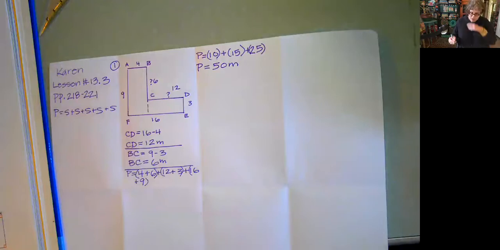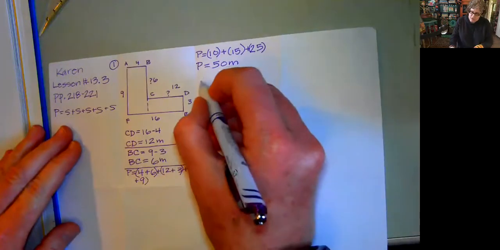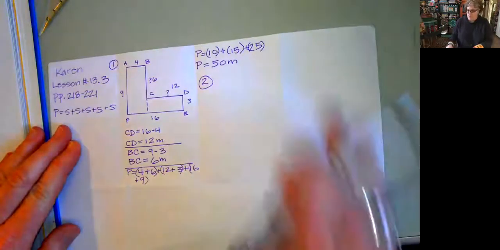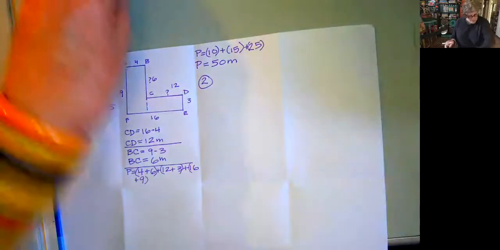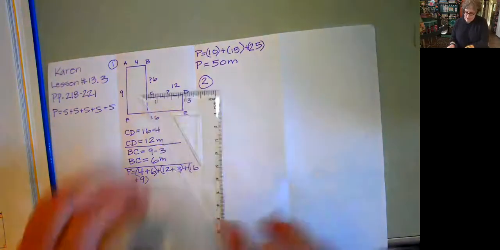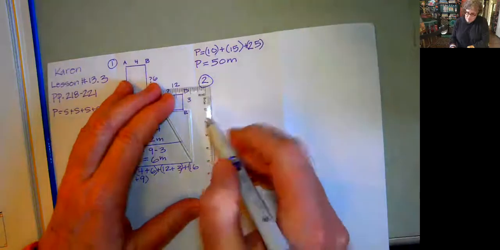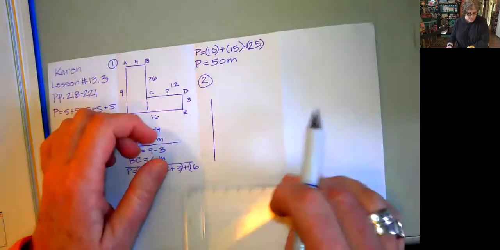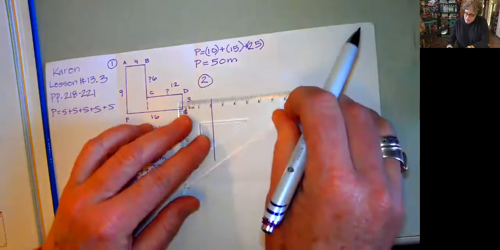Okay, let's do another one, and I'm going to draw it right here. I'm going to draw the figure here, and then we're going to solve it over here. So this looks like stair steps. And we have one line right here. And we have one line right here.